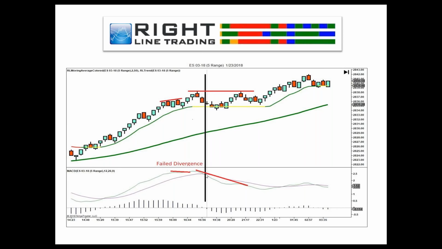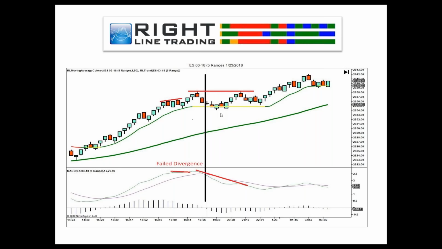So all the MACD did here was give you three failing signals. Divergence failed here, divergence failed here, and this MACD crossover failed. And this happens over and over again when you use MACD off your trading chart.